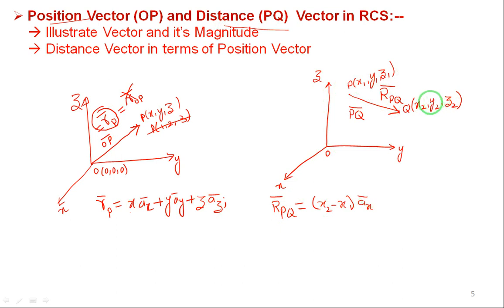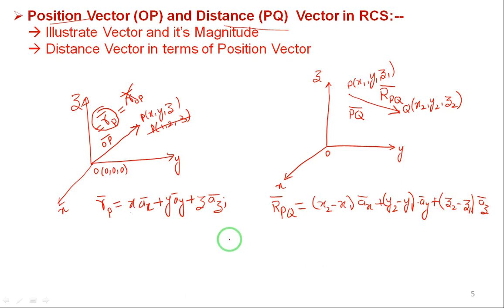Then coming to the next coordinate, subtract the y coordinates, y2 minus y1 into ay vector. Next, subtract the z coordinates, z2 minus z1 into az vector. Okay, this is the distance vector.